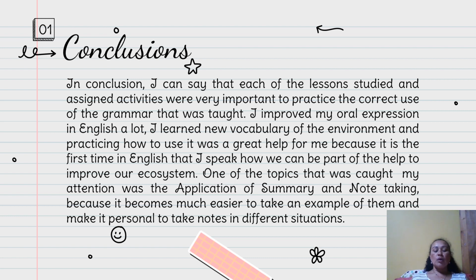Learning new vocabulary of the environment and practicing how to use it was a great help for me, because it is the first time in English that I speak about how we can be part of the help to improve our ecosystem. One of the topics that called my attention was the application of summary and note-taking, because it becomes much easier to take an example of them and make it personal to take notes in different situations.